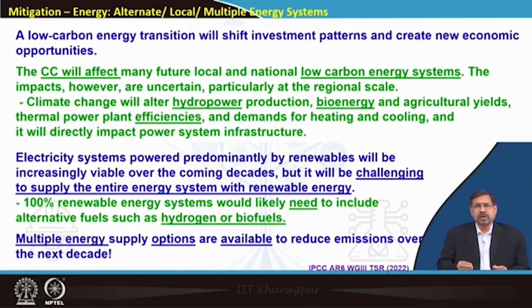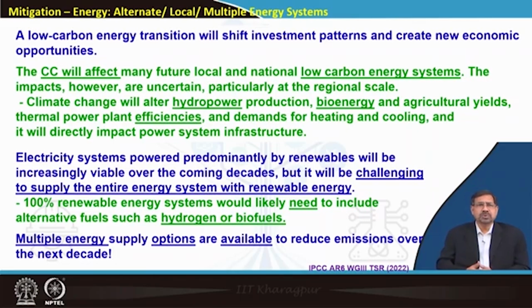So, multiple sectors have to be activated, so that this shift in the investment pattern and creation of new jobs and new economic opportunity comes up. Only then will the benefit of the larger adoption of this be realized by humanity or a larger population base.